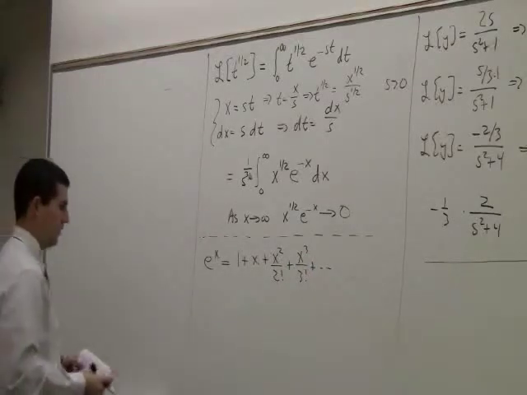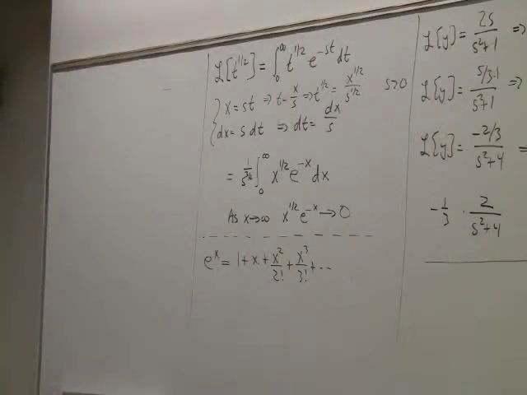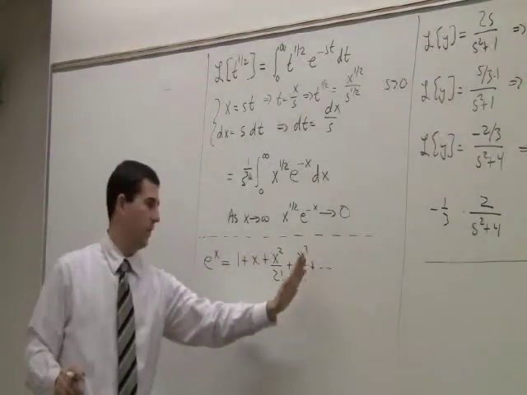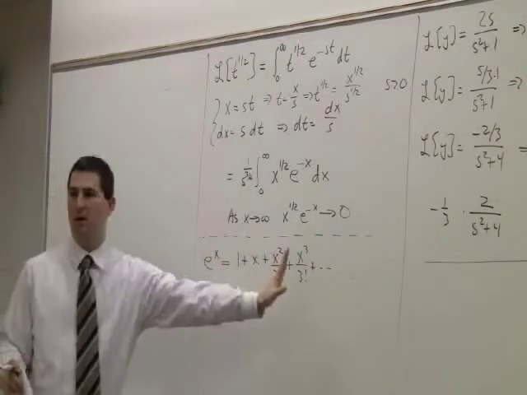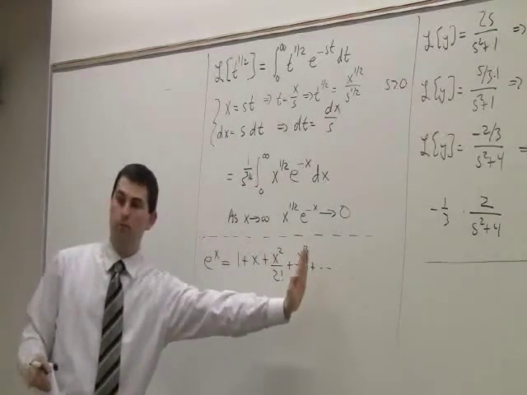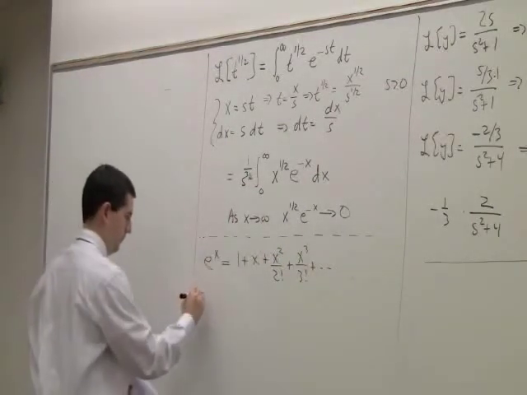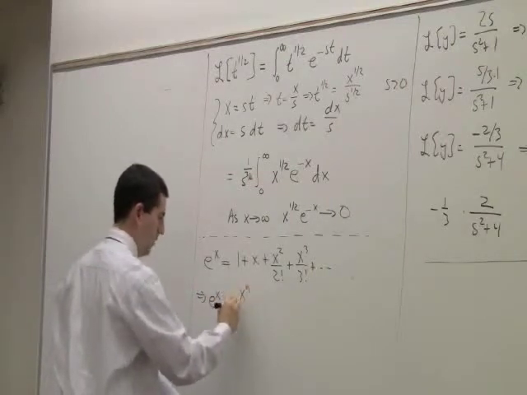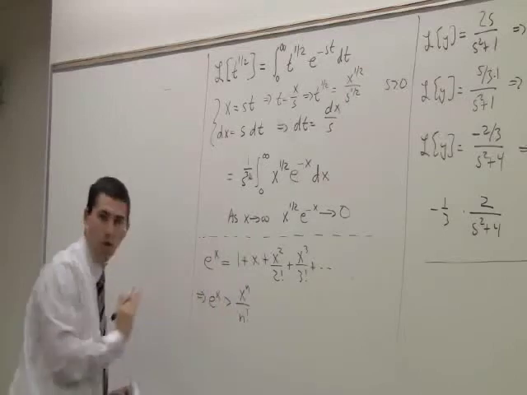Fine. So if I isolate one of these terms, then e to the x will be bigger than any just one single term. Okay, so this is going to be bigger than x to the n over n factorial. So I just chose one term in it.